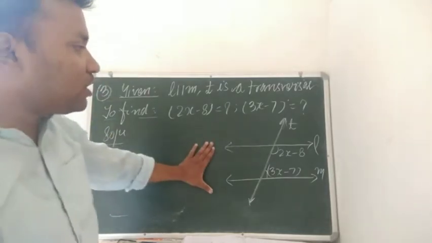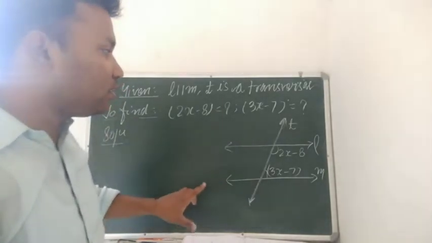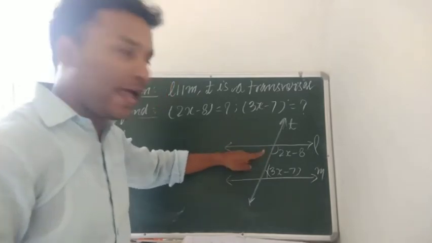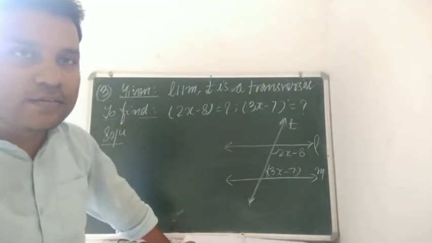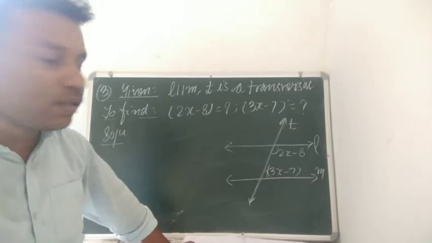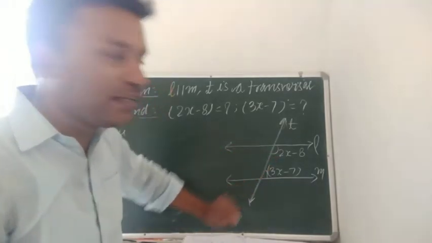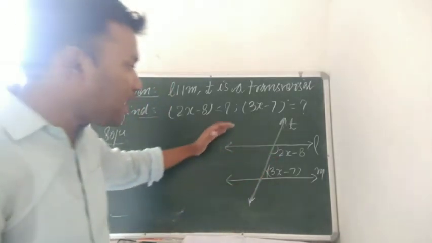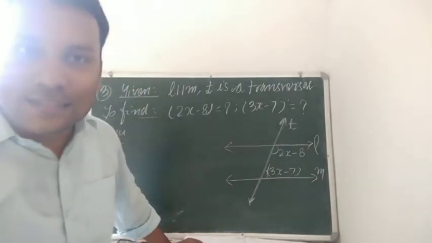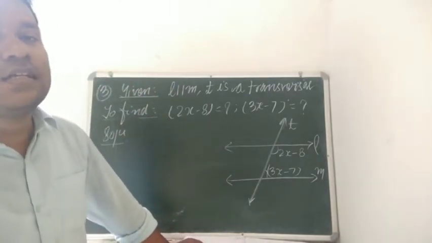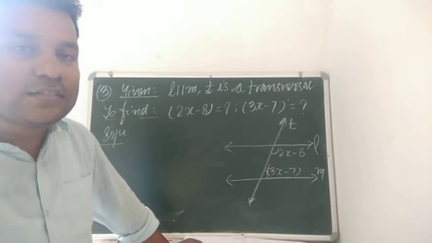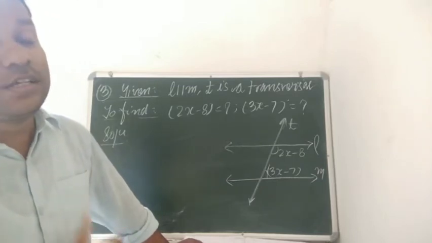So student, through this figure it is very clear that both the angles are consecutive interior angles, and because L is parallel to M, in this case the sum of these consecutive interior angles will be 180 degree according to their property.